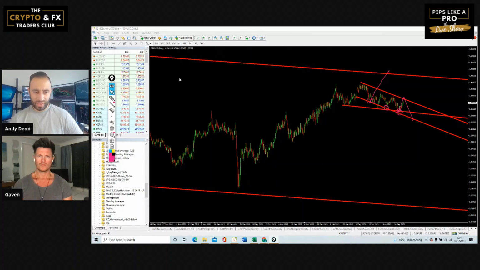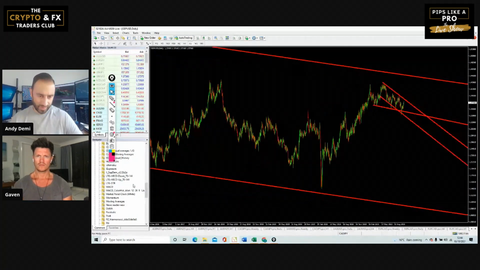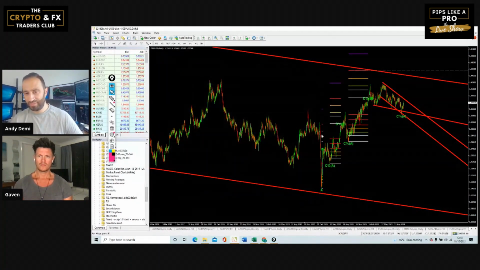Let me see what we can do here in terms of cable. One of the first things I'm going to do is put in my up Fibonacci so I can understand where the swing comes in.